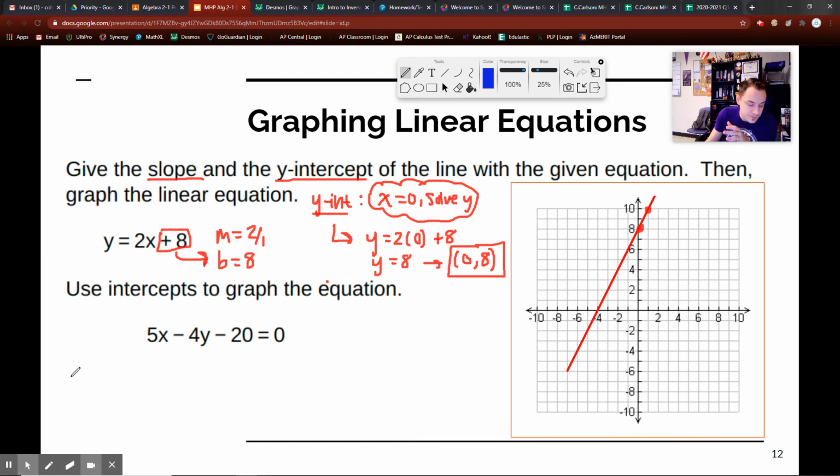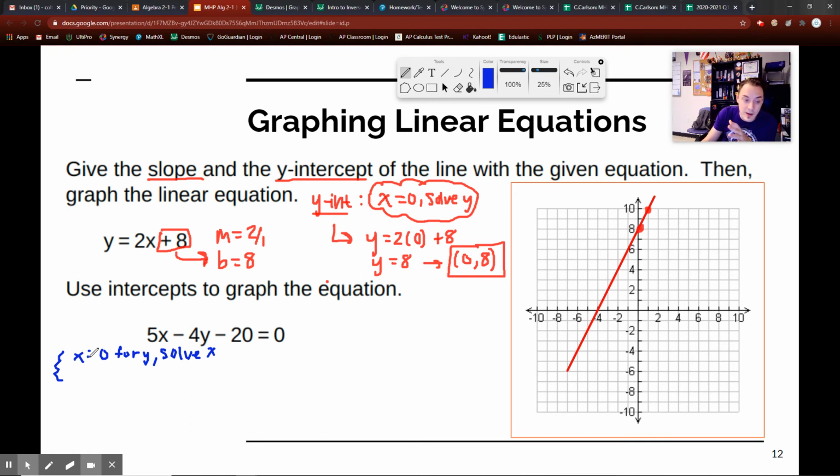First of all, to solve for my x-intercept, I plug in 0 for y, and then I solve for x.